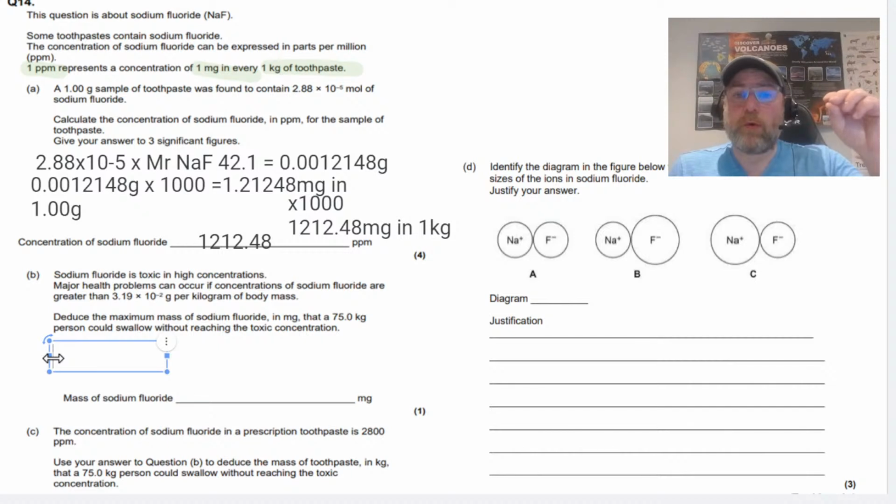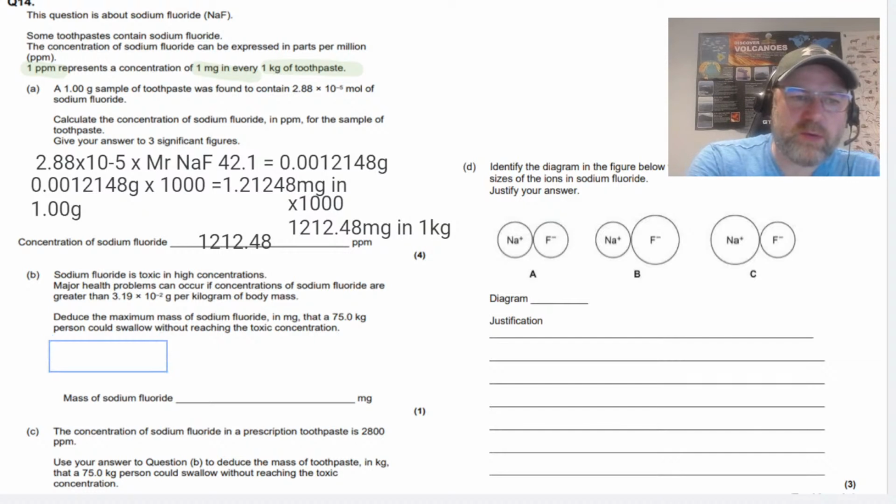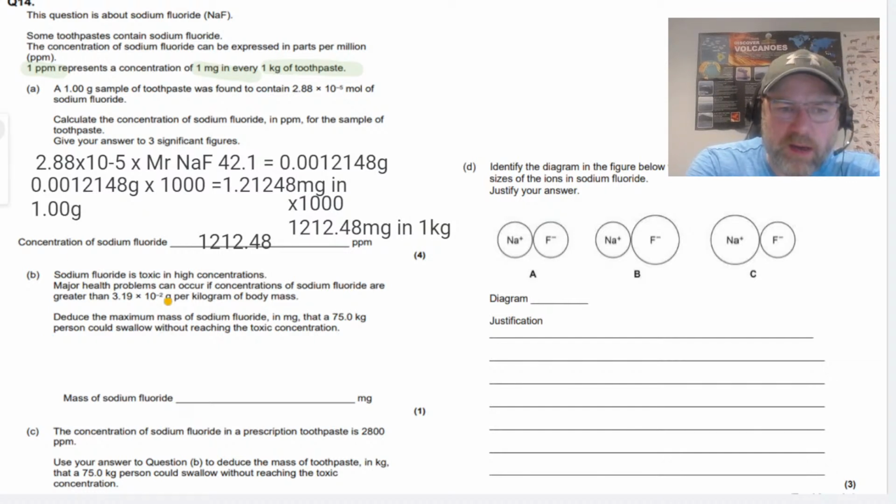Alright, you're not allowed more than 3.19 times 10 to the minus 2 grams per kilo of body mass. So the maximum, so tricky. When you've got to read these questions, you have to bust out the highlighter.